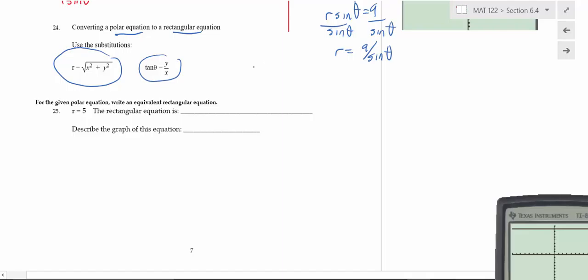However, another thing you want to write down is that sometimes you want to introduce x. What you want is to end up having r cosine theta somewhere in your problem and r sine theta. That's real big on some of these problems.